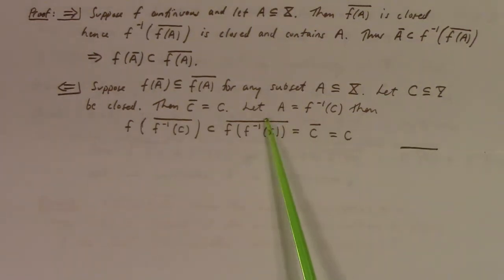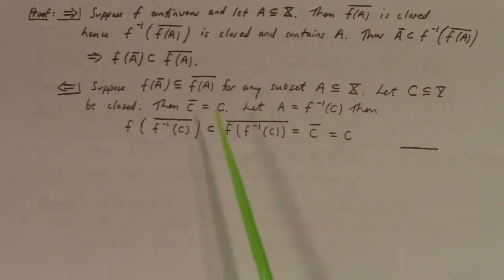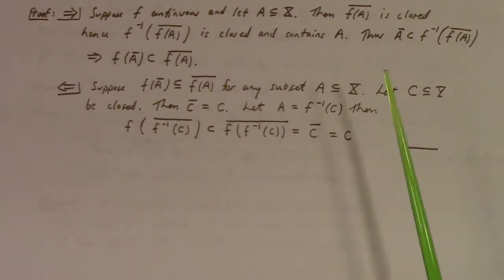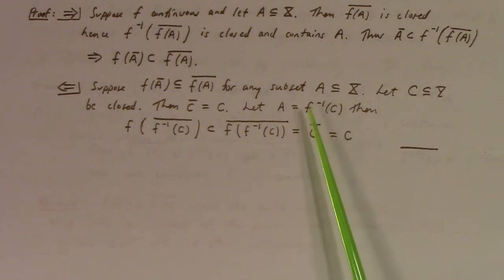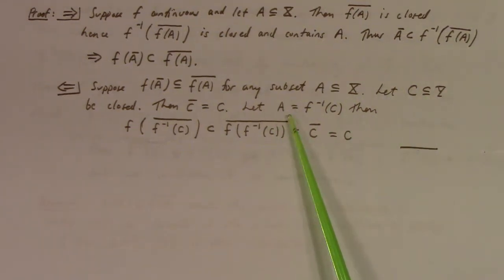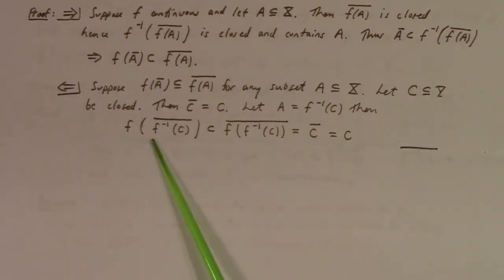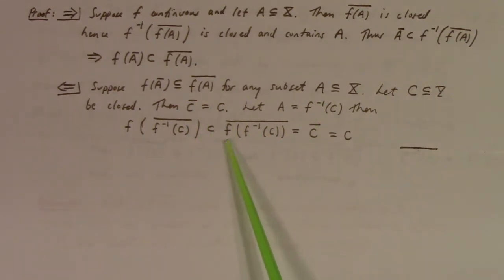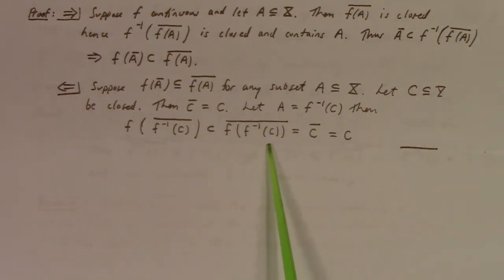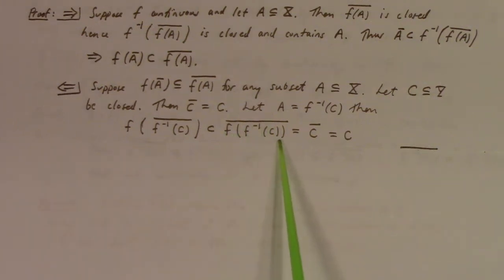So if we let A be the inverse image of C under f, then f of the closure of the inverse image of C is a subset of the closure of f of f inverse of C, right?